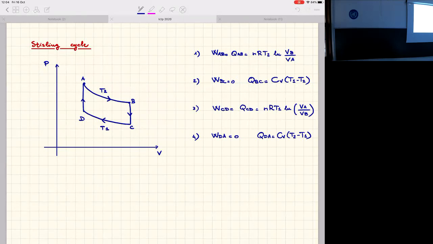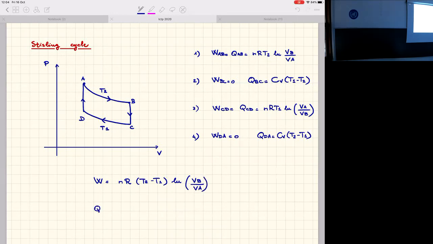Okay. Now, well, the work, of course, is the sum of these two terms, which is going to be, as usual, equal to nR (T2 minus T1) log of VB over VA.